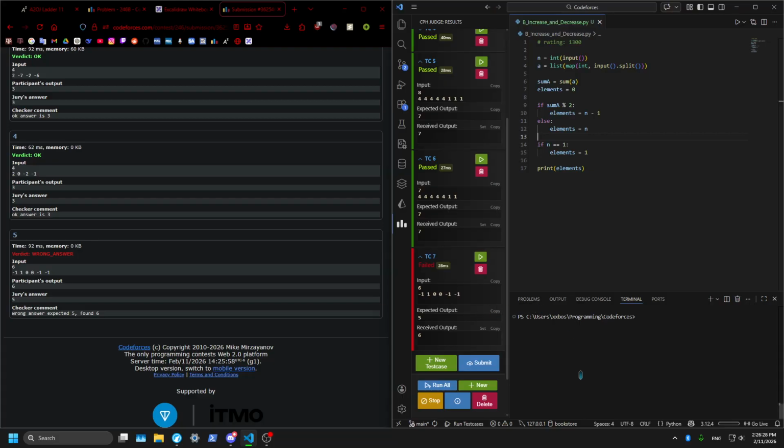So the average. Okay, well, the sum is -1, which means we do elements equals n minus 1. Six elements minus 1 is 5.